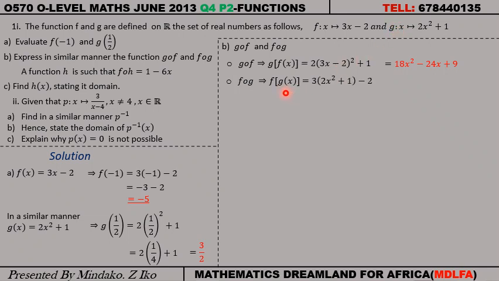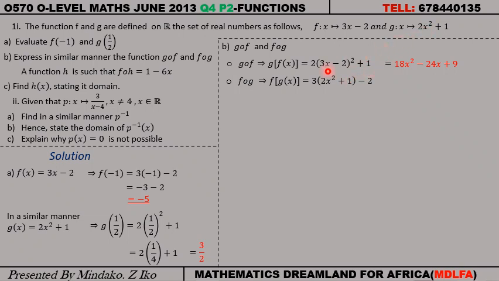All right, so at the end of the day, if you substitute g of x in f, we are going to have 3 g of x minus 2, because our g of x is just 2x squared plus 1.